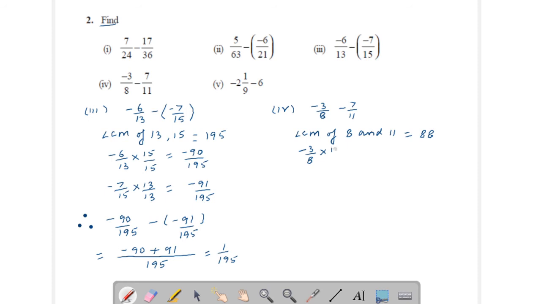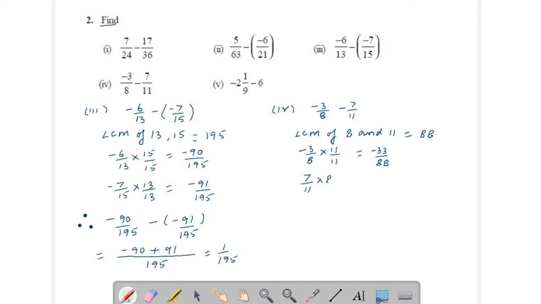Multiply by 11 both in numerator and denominator. You will get minus 33 upon 88. Take second rational number 7 upon 11. Here denominator is 11. Divide 88 by 11, you will get 8.